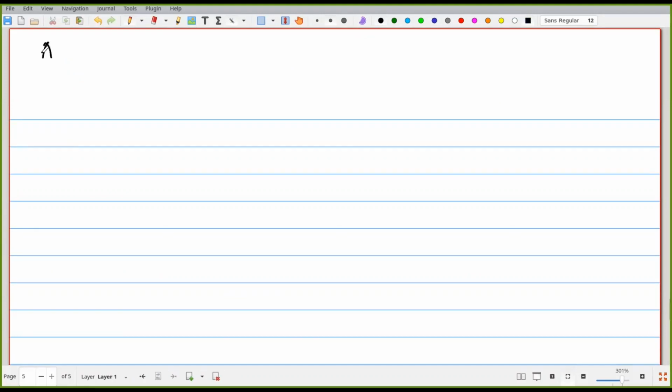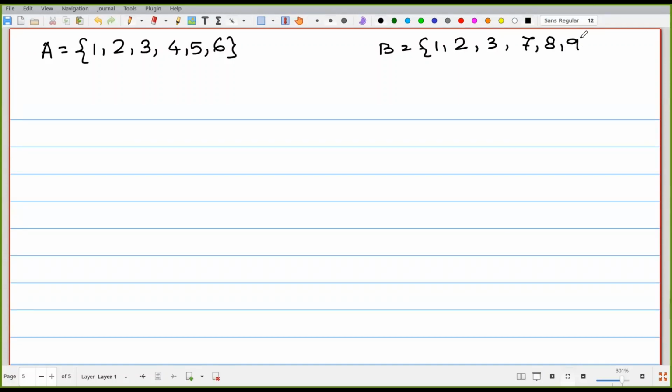We have two sets, A is 1, 2, 3, 4, 5, 6, and B is 1, 2, 3, 7, 8, 9. Suppose we are operating with those two sets only. So the first one is the union case.